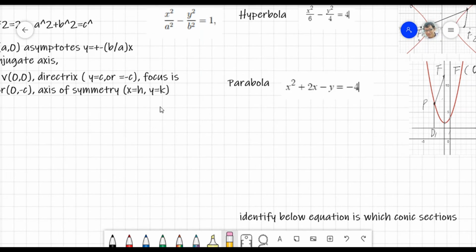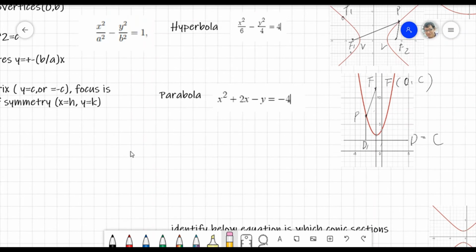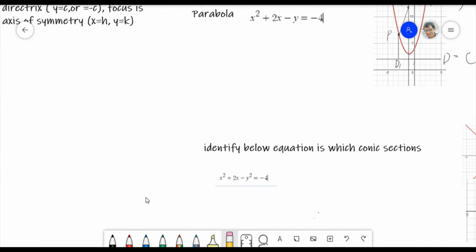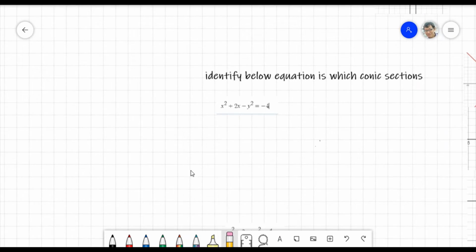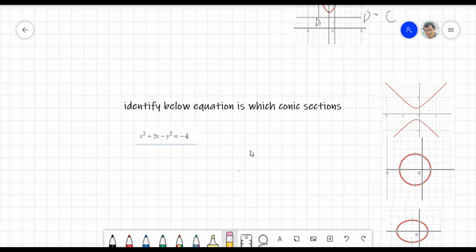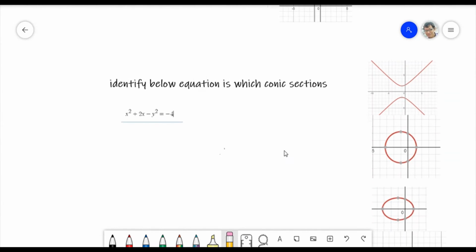Since we already reviewed the four graphs of conics, let's do some questions to improve our understanding. Identify which section each equation below belongs to, which means whether it belongs to hyperbola, ellipse, circle, or anything else.